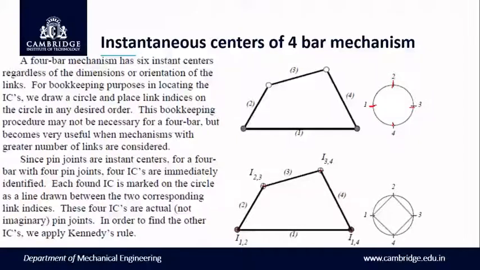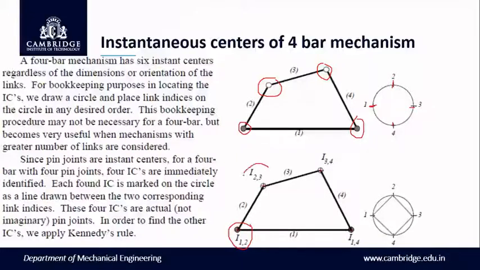Since pin joints are instantaneous centers, for the 4-bar we can easily identify the 4 instantaneous centers. So we have pin joints at these points, and obviously these 4 will become instantaneous centers. Hence, the pin joint joining link 1 and 2 will become I12.